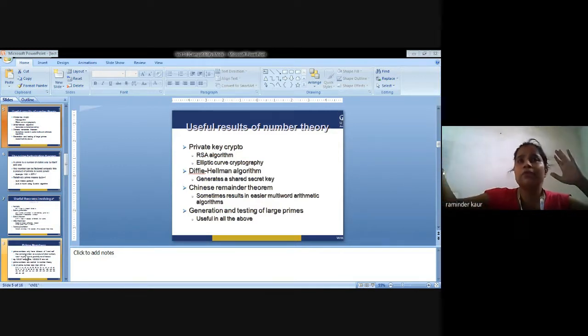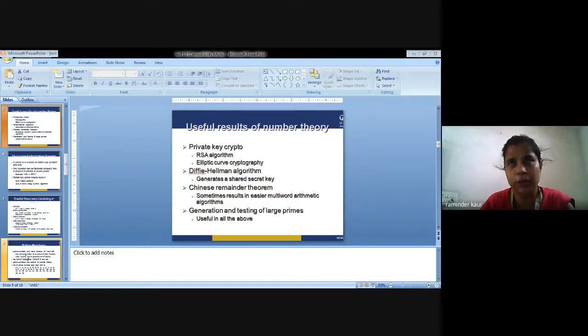Bob and Alice, if you remember, are swapping their keys by using some mathematical formulas in between, and in the end the shared key would be the same. 9 was the secret key of Bob, and 9 was the secret key of Alice. So in this way, the key was shared between the two parties, and the Diffie-Hellman algorithm generates a shared secret key.